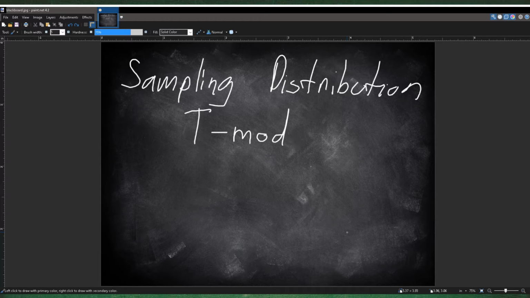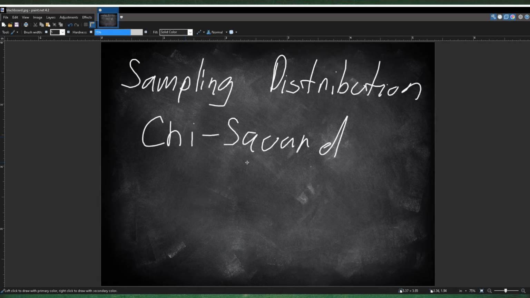The last thing we'll be learning, which we're going to cover in chapter 4, will be chi-square models. There are 3 types.